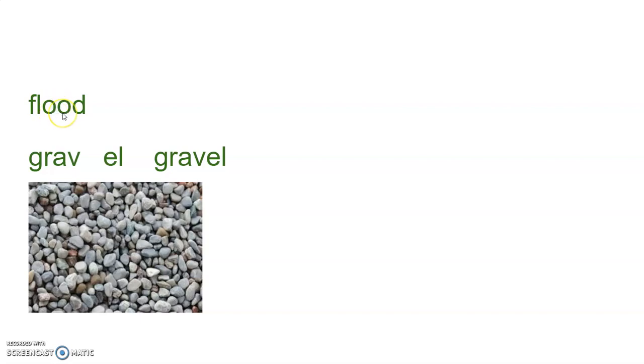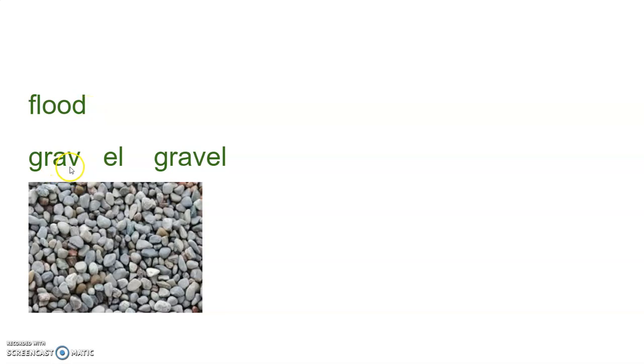That's not a problem, is it? Because we know that O says four sounds. So this one time, just a couple words like this in our language, O-O will say uh. I know that you know what a flood is.